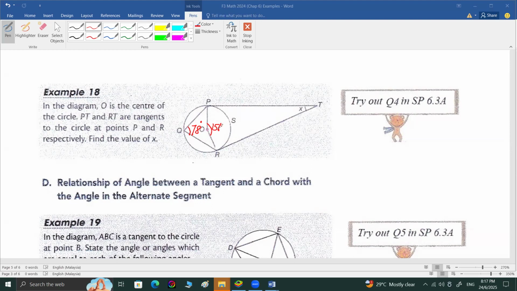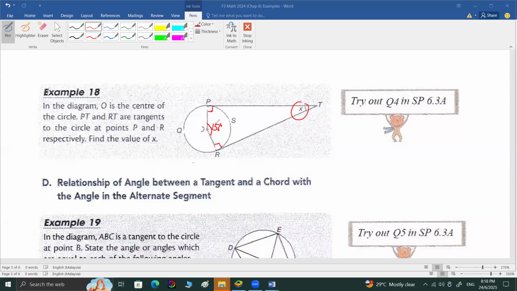Okay, next, what I'm going to show you is, I delete this to show you again, wait, all that is needed, the related one, is for me to find 156 here. So from the 156 here, class, this one 90, right? This one 90, right? So is it that you can find X?